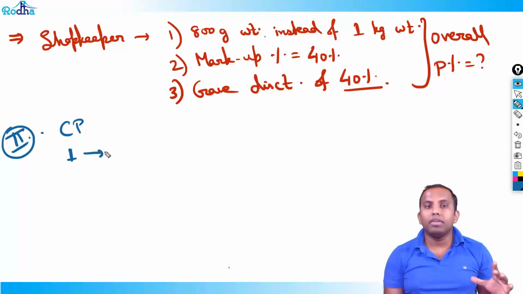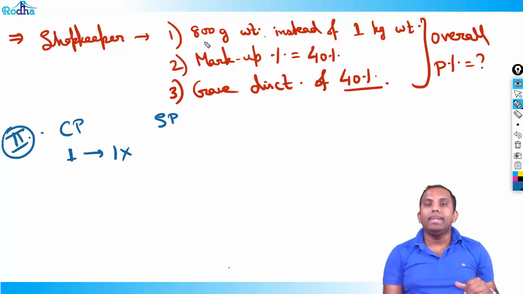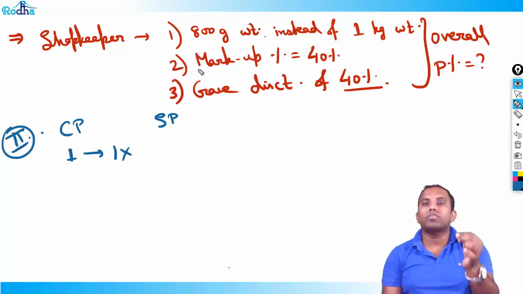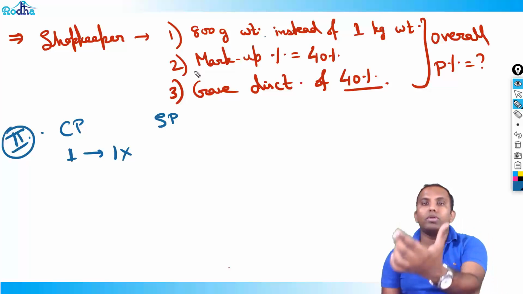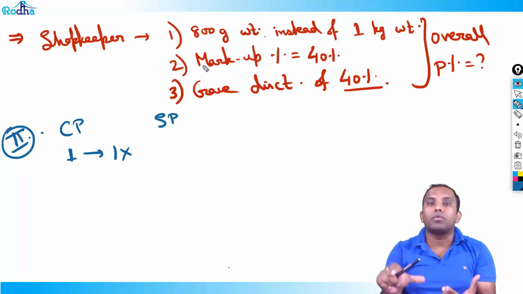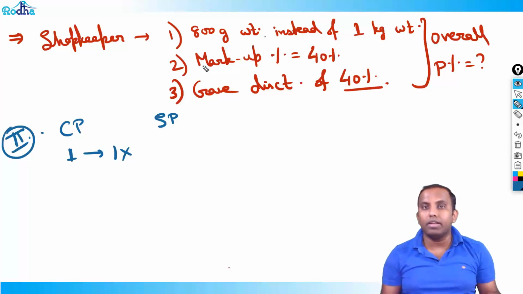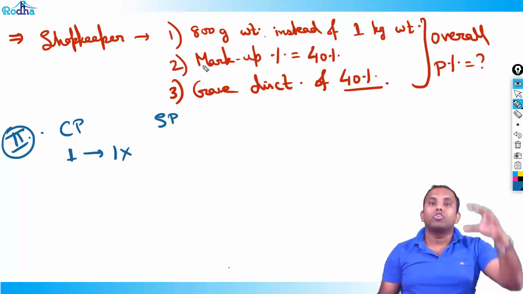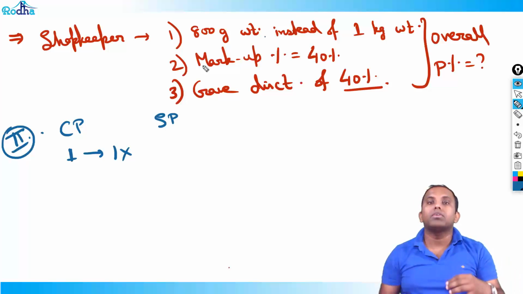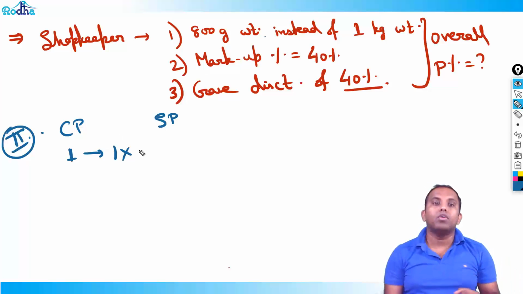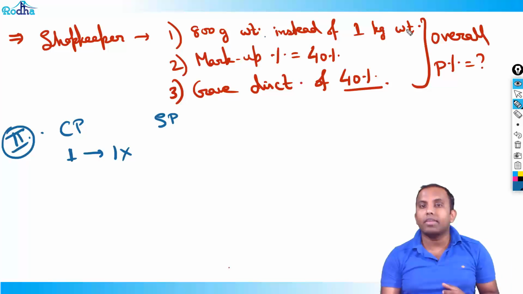So how do we calculate SP now? First, what is the multiplying factor here? 800 gram weight instead of 1 kg weight. Simply calculate in mind: the profit of 200 gram is always on the sold part. What is the sold part? 800 gram. He's selling us 800 gram. So 200 gram on 800 gram, how much? 1 by 4. That is 25%.